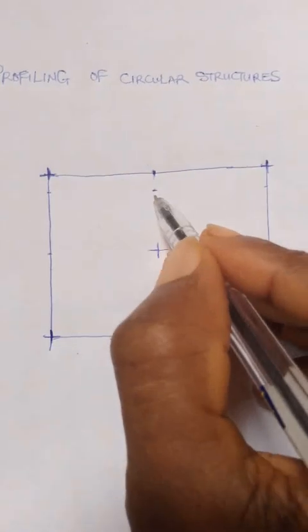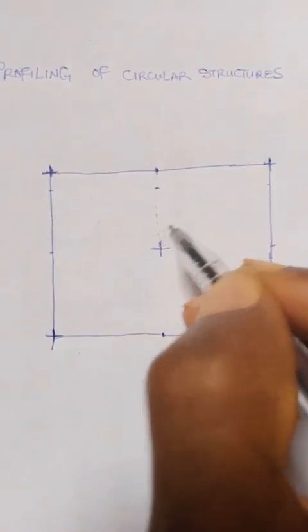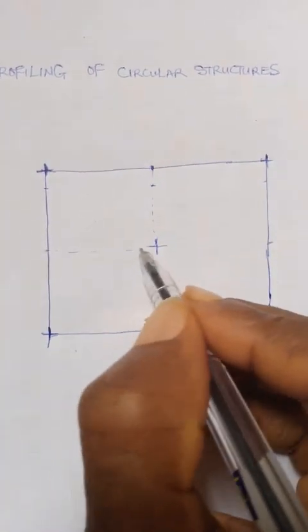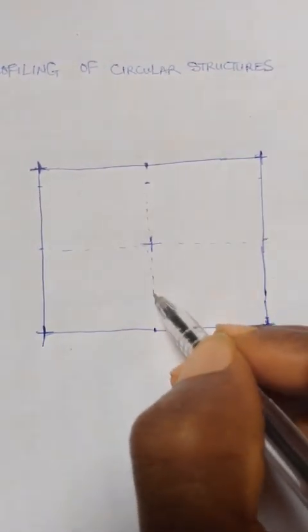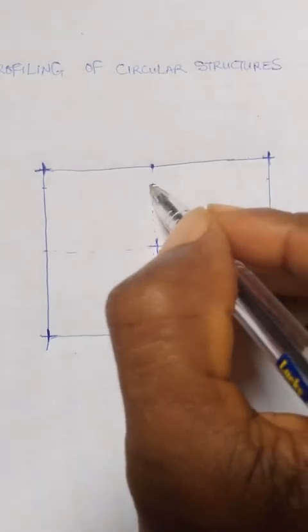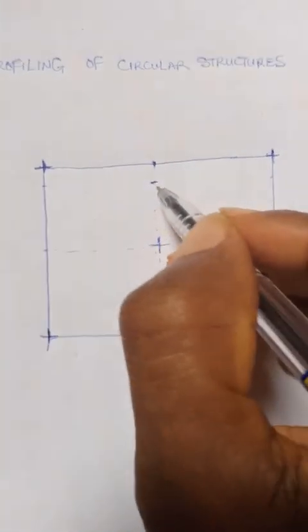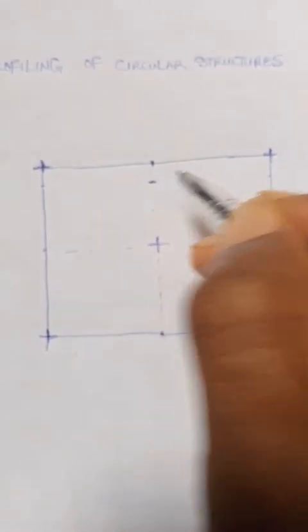I'm using a dotted line here. So the intersection for this, the circumference, is established here.